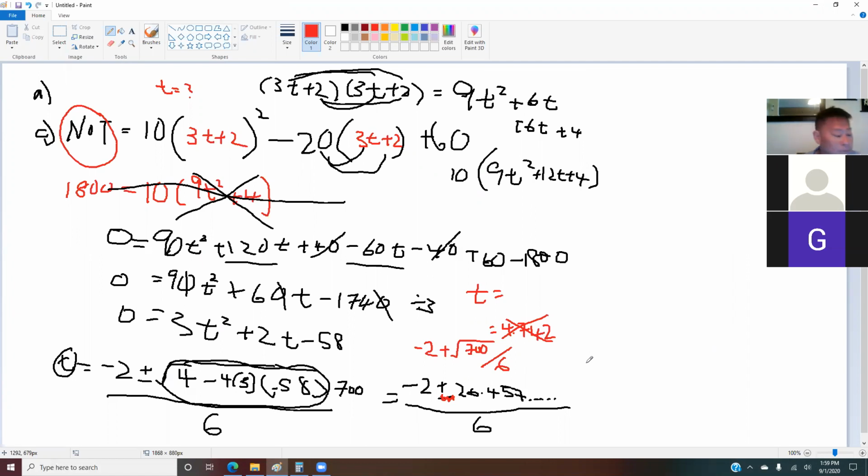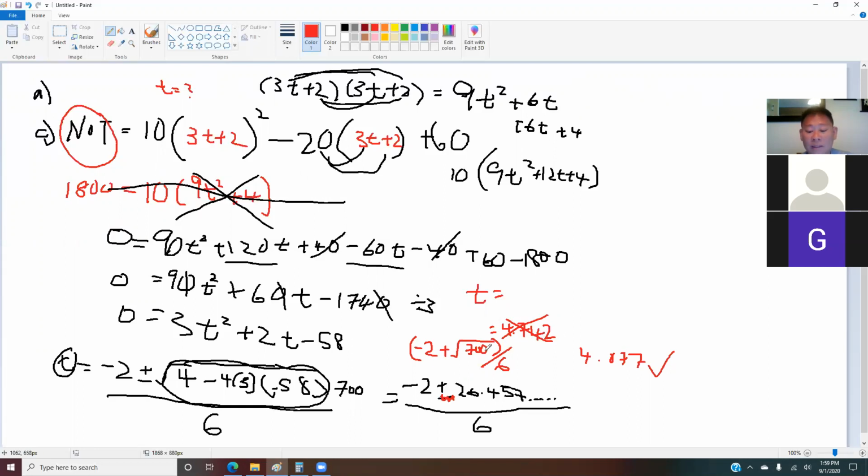Anyone have any answers? 4.077 is correct. When you put this in your calculator, make sure you put a parenthesis around the top. If you don't, that's where you get the 4.742, and that's why you get it wrong.